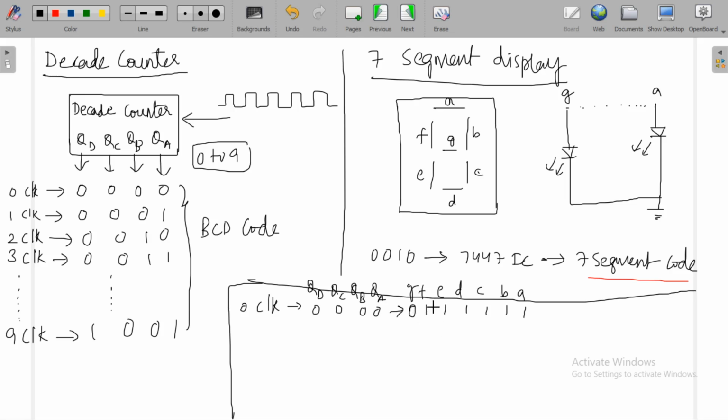Okay, you're going to turn on remaining all LEDs. So it displays 0.